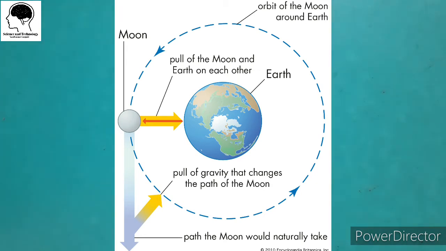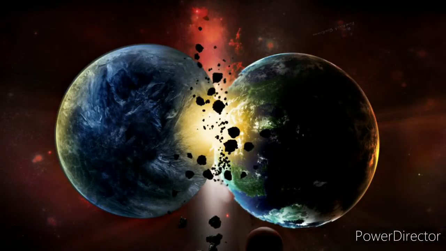Like our moon revolves around the earth, but the distances between the two bodies in the universe or on the earth are large. That is why those bodies, due to the gravitational force between them, do not collide with each other.